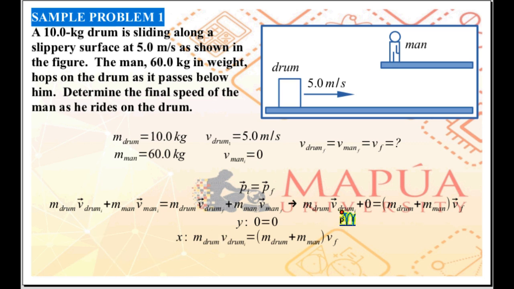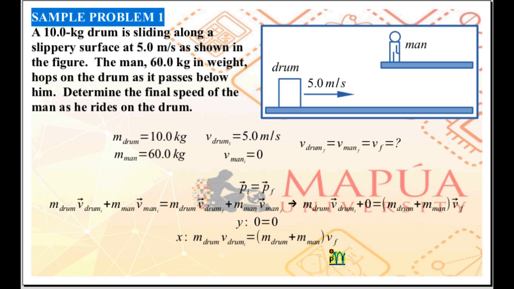So, velocity of the drum, initial, positive direction on the x-axis. And final velocity of the drum and the man. The drum is still sliding along the floor, along the slippery surface. So, positive direction.